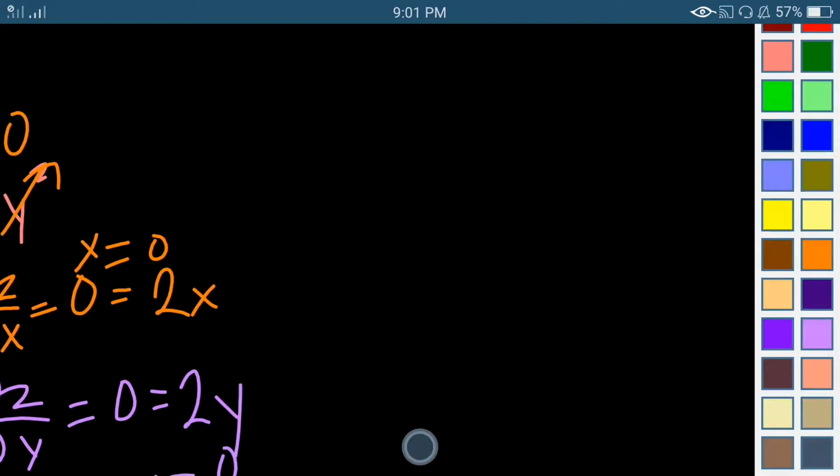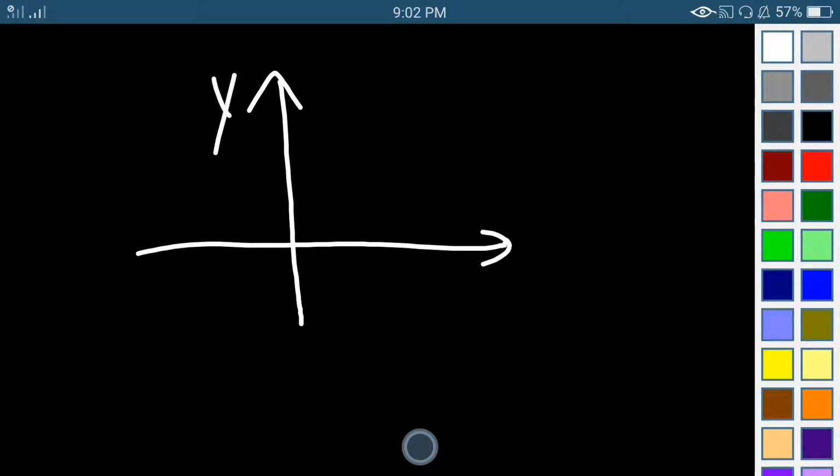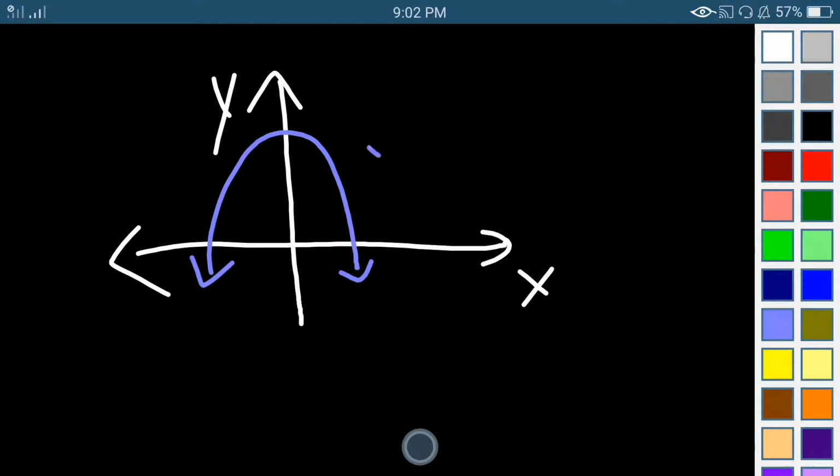So let's go back to single variable functions. We have y, x, and a downwards parabola, y equals negative x squared plus 9.